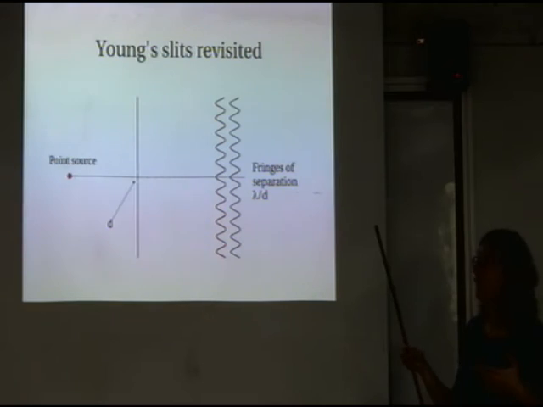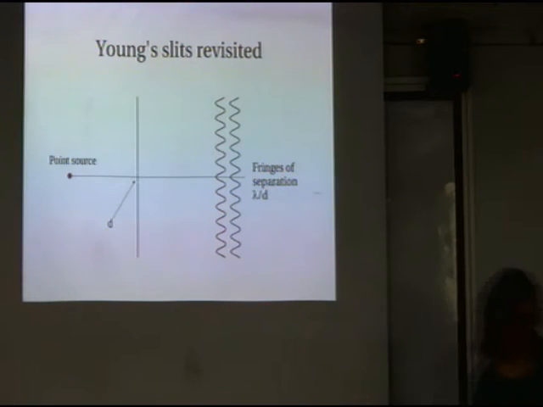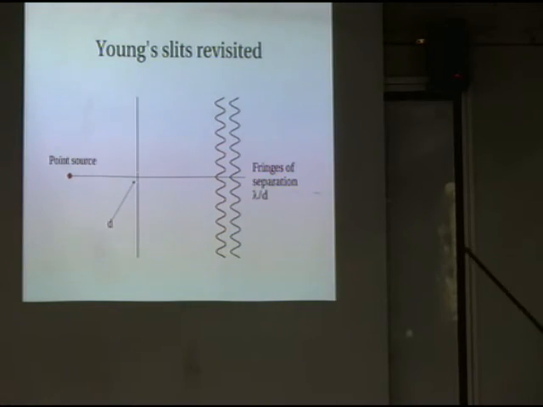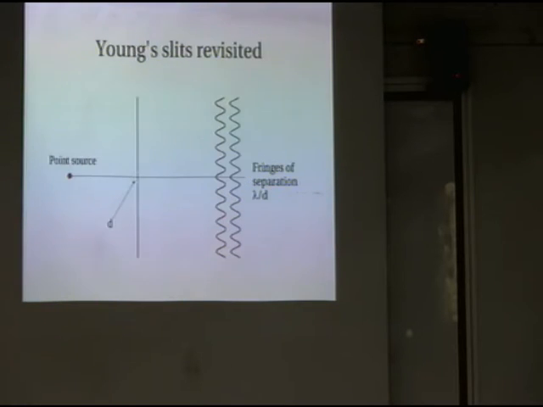And depending on how they add up, you will see the result on the other side. Okay, so again, it's equivalent to what I was trying to tell you before. Your resolution is proportional to lambda over d, where d is the separation in between the two slits. Okay, well, this was the case of a point source.